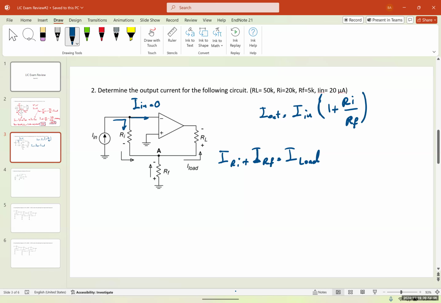IRF is going to be VRF over RF, and IRI would be VRI over RI. We know that these two share the same voltage, because if V positive is ground, then V negative here is also equal to ground. Therefore, VRI is equal to VRF.